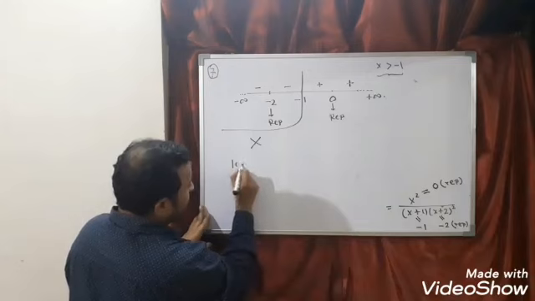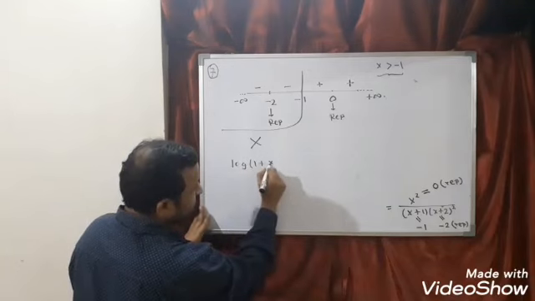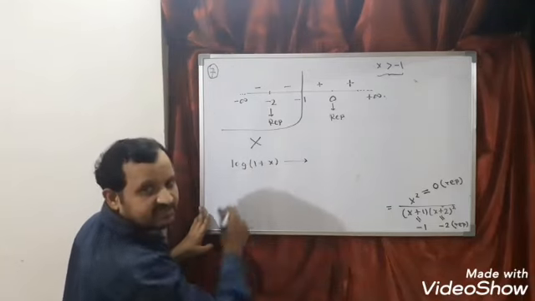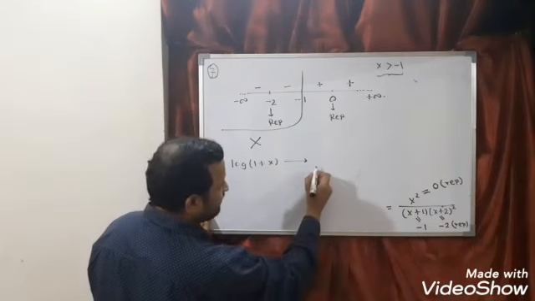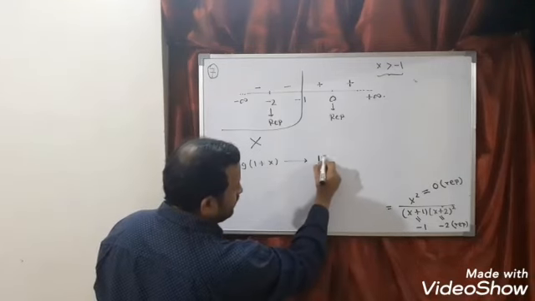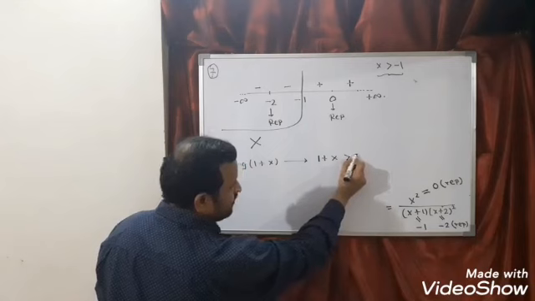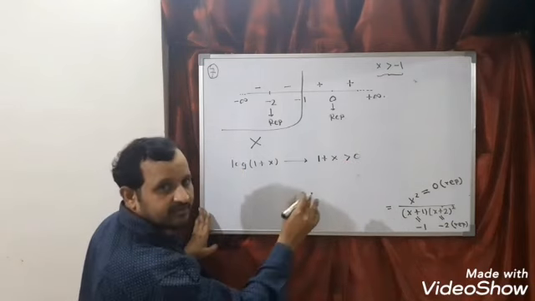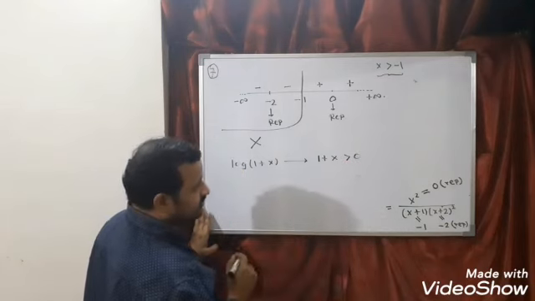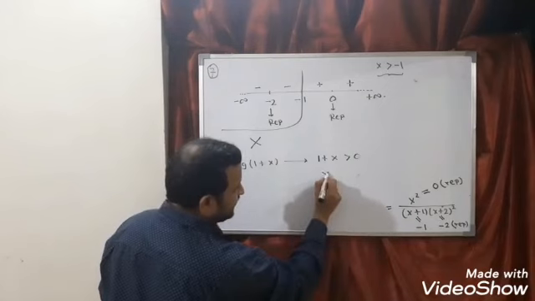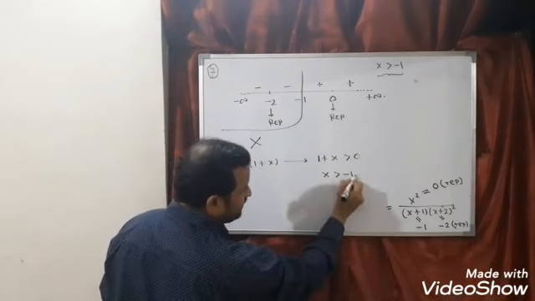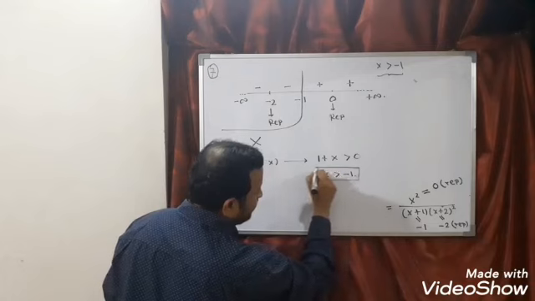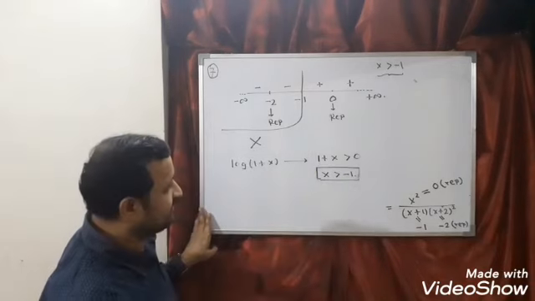So log of 1 plus x is defined for what value of x? Can I say 1 plus x should be positive? Refer to the previous question. So 1 plus x positive means x is greater than minus 1. So in this interval only the given function is defined.